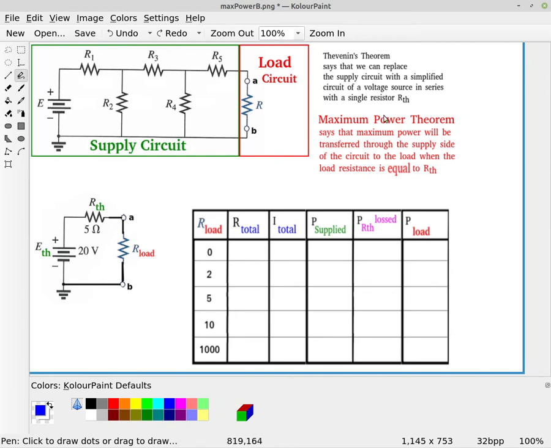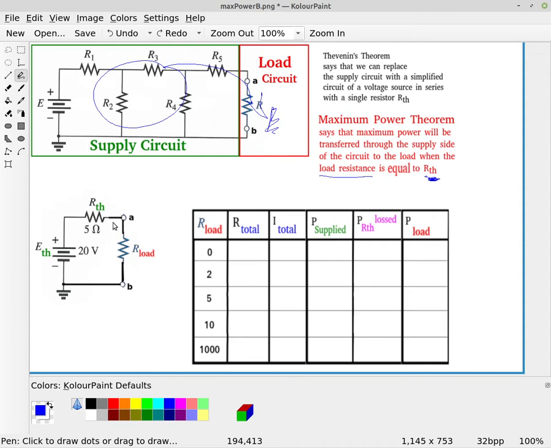So the maximum power theorem states that the maximum power will be transferred from the supply side over to the load when the load resistance is actually equal to that R Thevenin resistance.